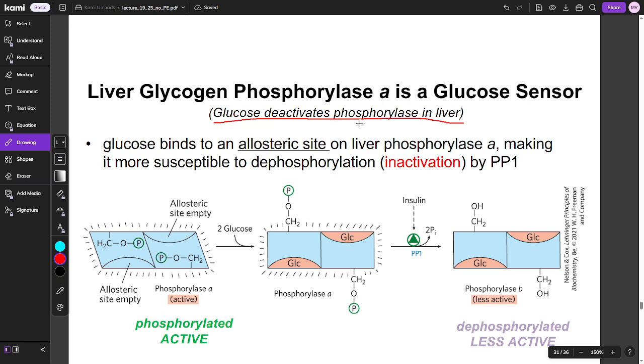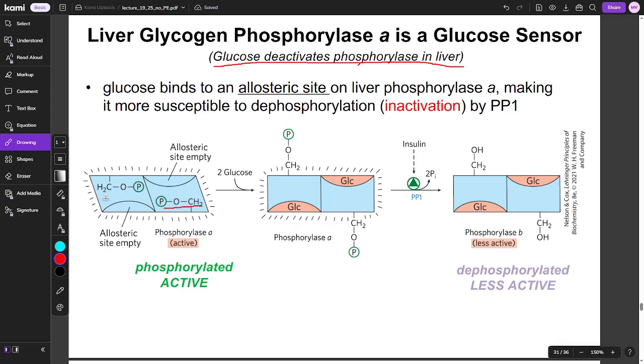You could dephosphorylate it, or you can bind glucose to it, right? So actually what happens is that the binding of glucose makes the enzyme more susceptible to dephosphorylation by insulin, because otherwise these groups stay hidden within the enzyme itself, right?